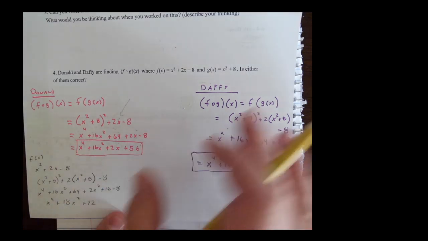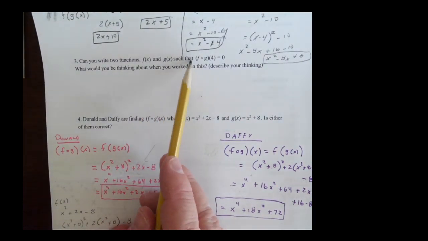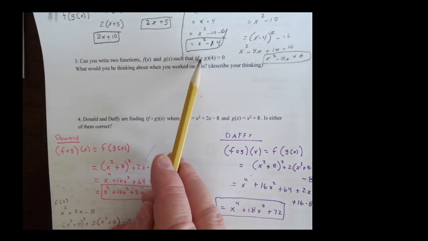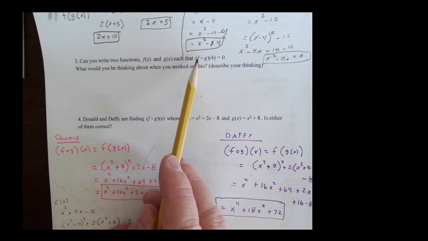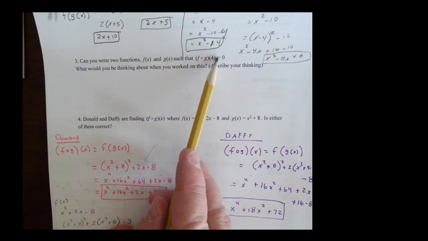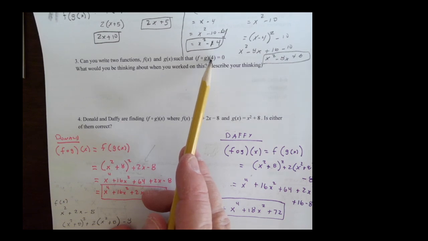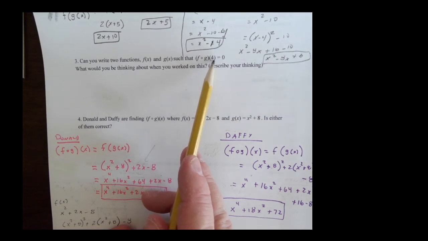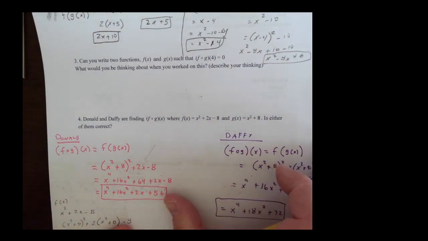Okay? So, now, for number 3, what I'd like you to do is when you get this function, you're going to insert what can 2 functions be. And again, you might want to start with really easy ones and work backwards. What is an expression that when you put 4 into the expression, you get 0? What might be that?